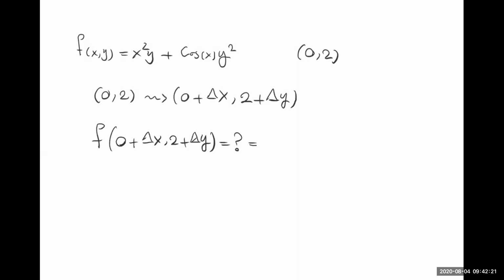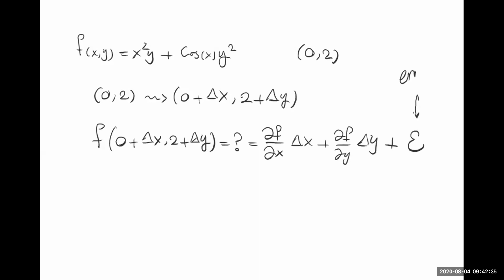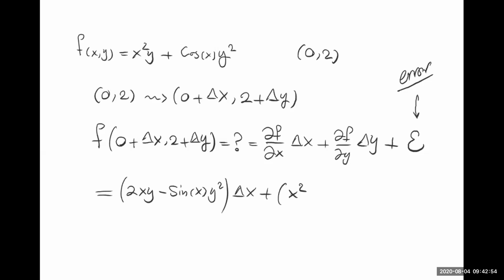This formula I just wrote tells us this is going to be equal to the partial derivative of f with respect to x times delta x plus the partial derivative of f with respect to y times delta y plus a very small error. Okay, so the partial derivative of f with respect to x is 2xy minus sine of x y squared, times delta x, plus the partial derivative of f with respect to y, which is x squared plus 2 cosine of x y, times delta y, plus epsilon.